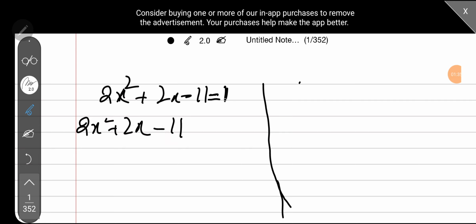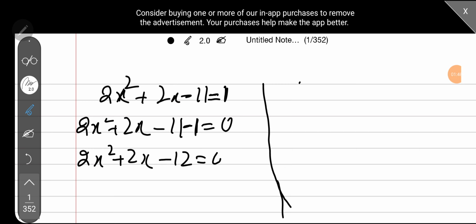So when plus 1 comes to this side, it becomes minus. Now we will further simplify the equation by dividing the whole equation by 2, and it will become 6.